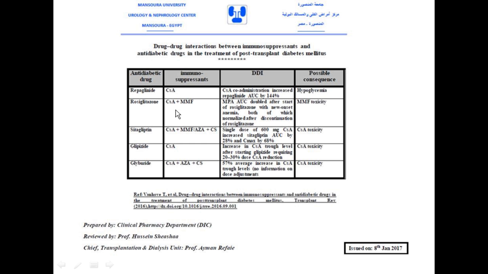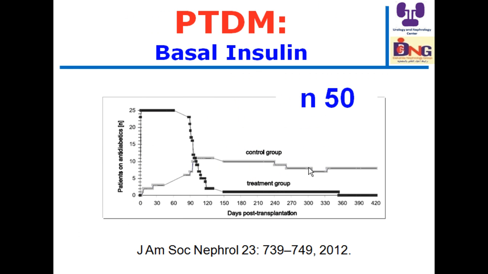Rosiglitazone with cyclosporin and MMF may increase MMF toxicity. Sitagliptin with cyclosporin and MMF may increase cyclosporin toxicity. Glipizide increases cyclosporin toxicity. Glyburide increases cyclosporin toxicity. So we should be cautious, monitoring the drug level and monitoring the glycemic state.